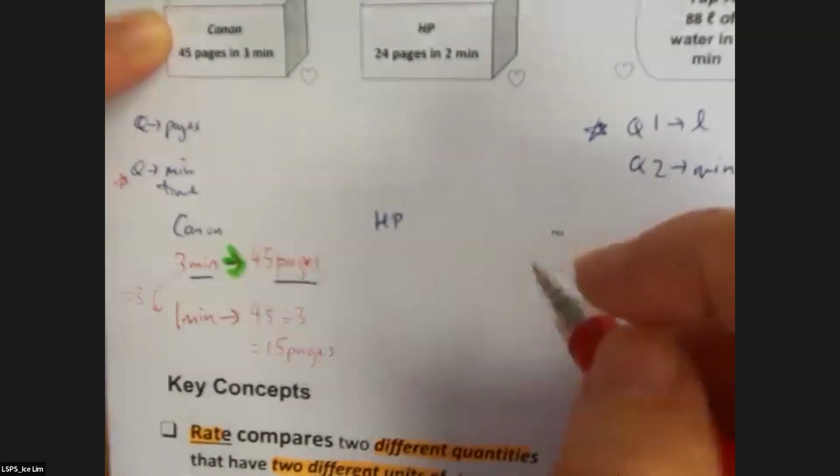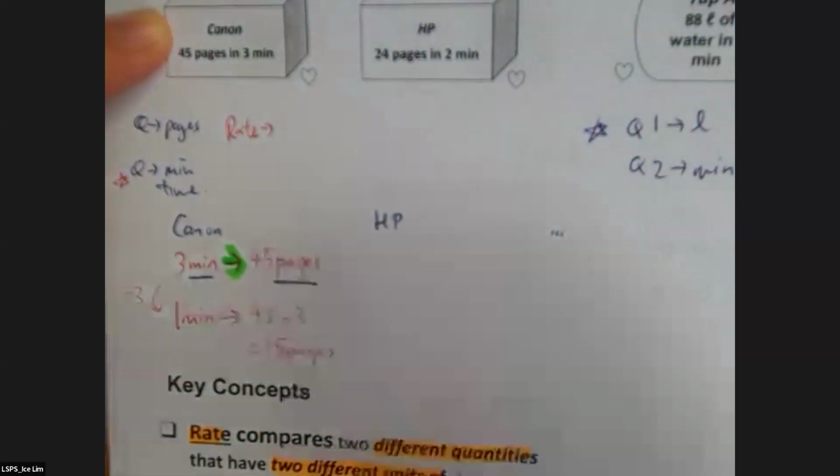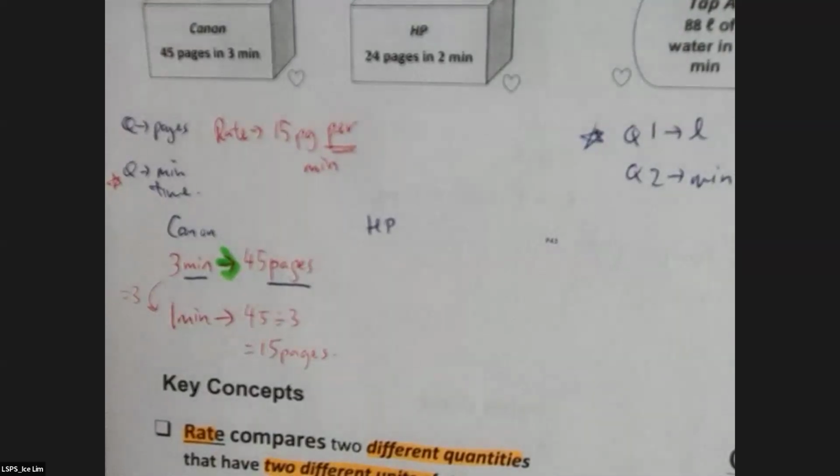So the rate of this Canon printer will be 15 pages per minute. This is how it's understood. The rate of the Canon printer, I'm reading it aloud like English.